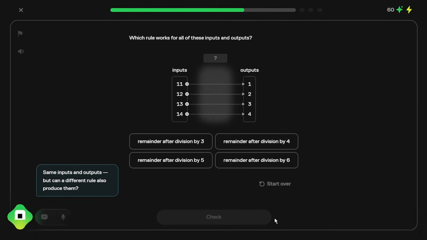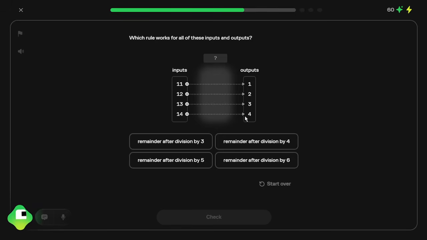Same inputs and outputs, but can a different rule also produce them? 11 goes to 1, 12 goes to 2, 13 goes to 3, and 14 goes to 4. First, remainder after division by 3. 11 has a remainder after division by 3, but 12 doesn't, so I don't think it's division by 3.